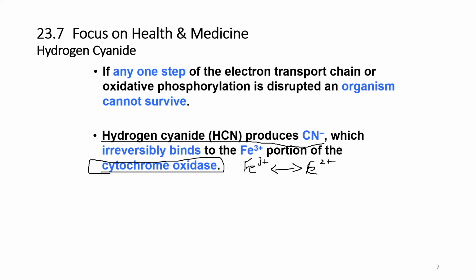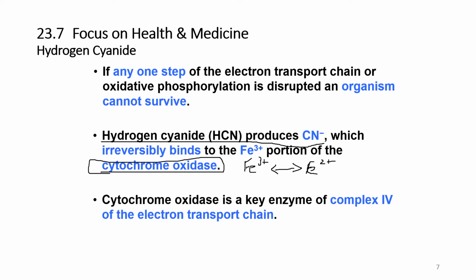In this direction, it's accepted an electron, and when it transfers it to another redox center, it will go back to a 3+. But if this gets irreversibly bound, it's not able to pick up an electron. So that electron transport down that chain doesn't happen. So cytochrome oxidase is a key enzyme of complex 4 in the electron transport chain.